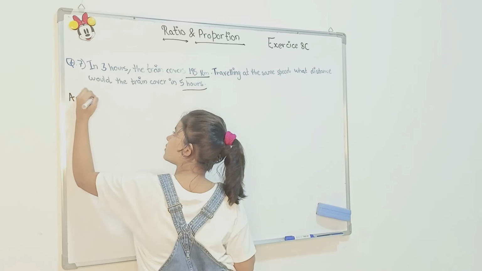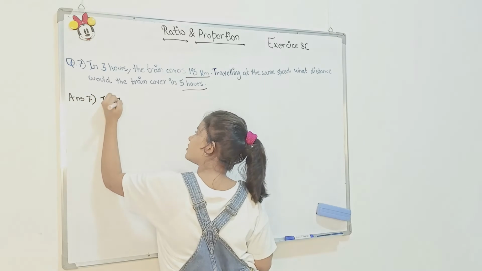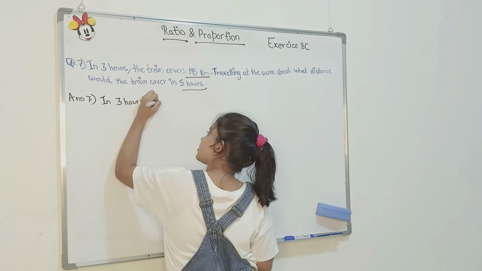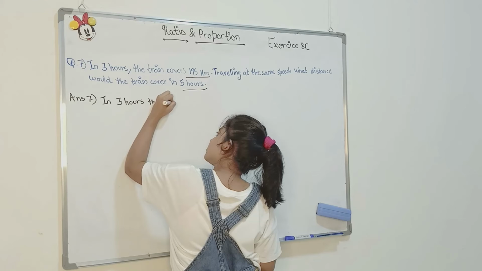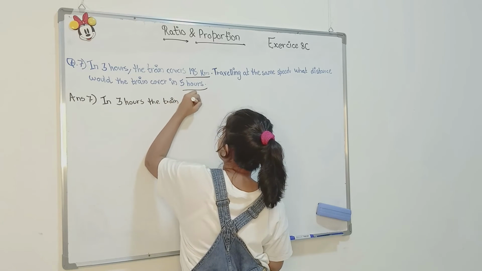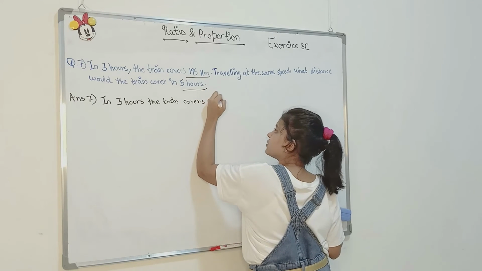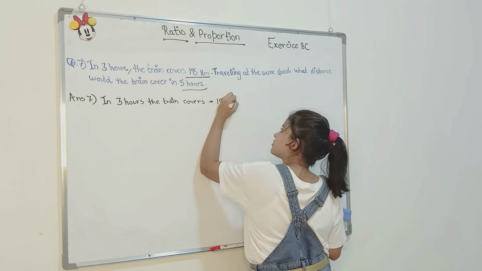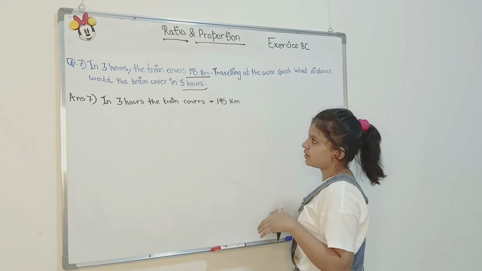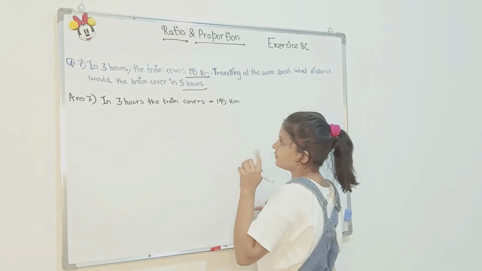So we'll write answer 7. So in 3 hours, the train covers 195, equal to 195 kilometers. So now we have to find out for 1 hour how much distance the train covers in 1 hour.